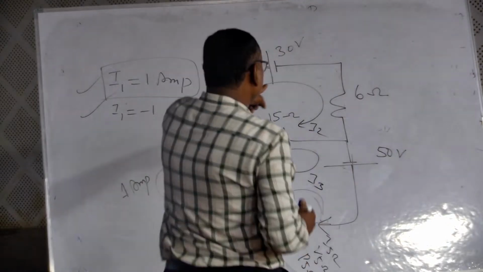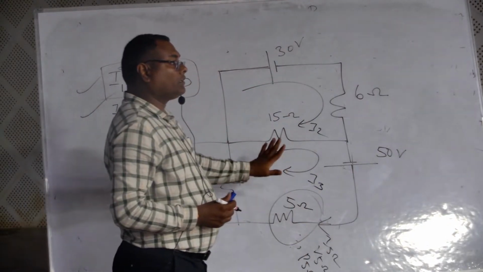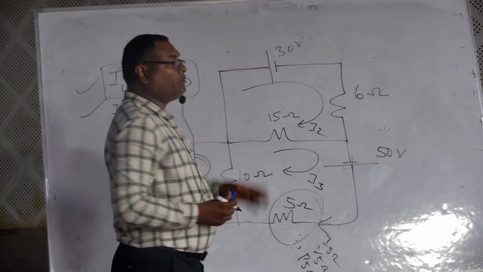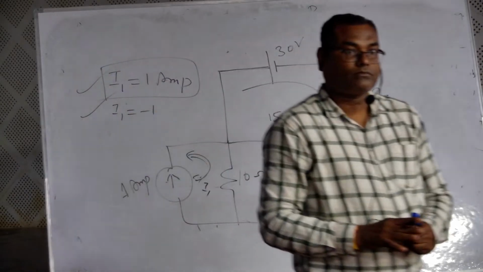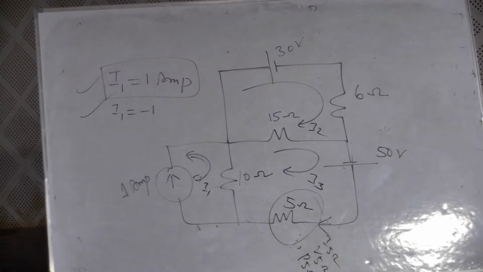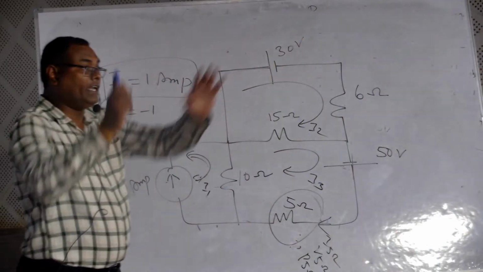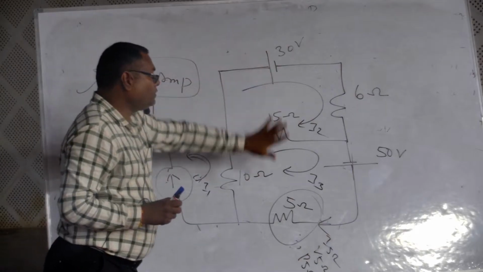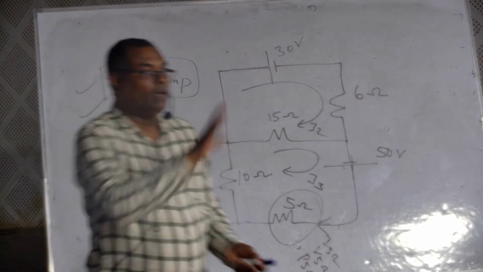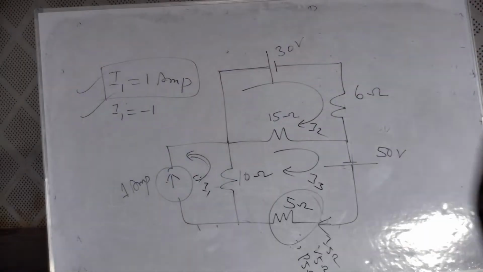Equation 1, equation 2. Right? Clear all of you? Right. Now heading: I1 is equal to 1. Transfer first. Mention mesh method heading. I1, I2, I3.